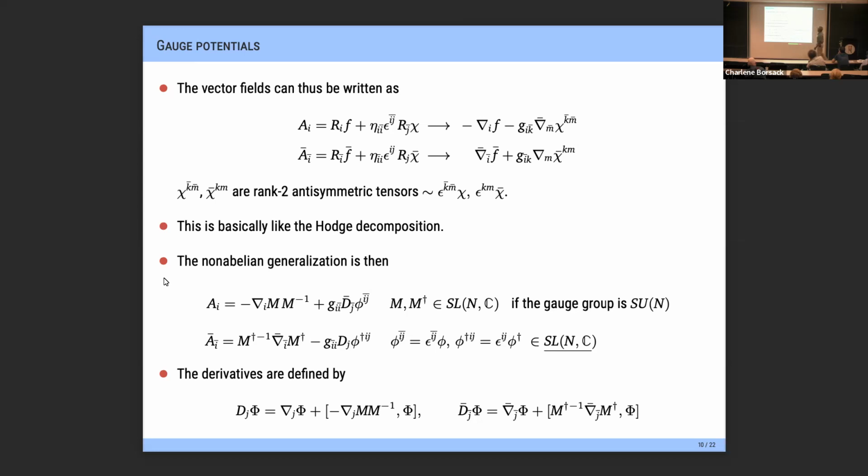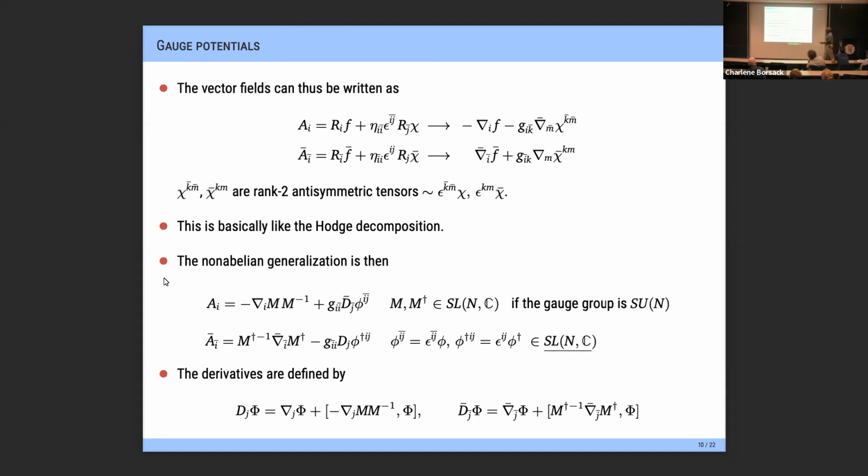This is the parameterization. At the end of the day, this is not very surprising. Chi's here are antisymmetric tensors, proportional to epsilon, and this is very much like the Hodge decomposition. The important thing is that because we went through the group theory argument, we know that this is a complete parameterization I can use.